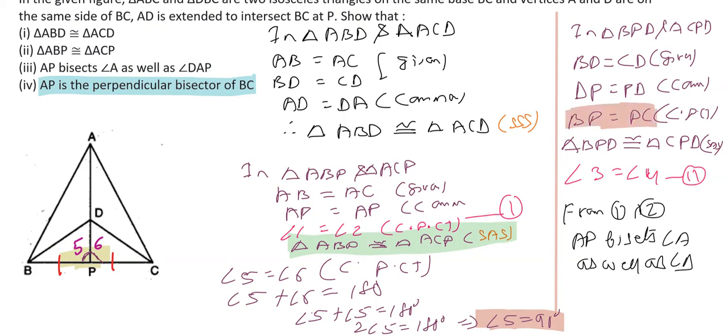From these two, we can say that AP is the perpendicular bisector of BC.